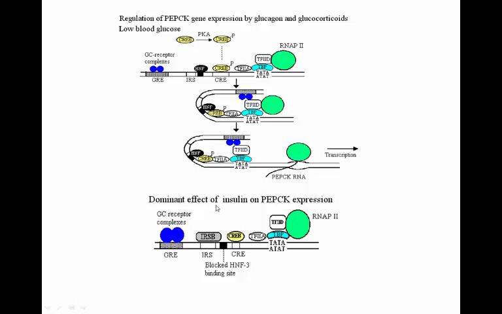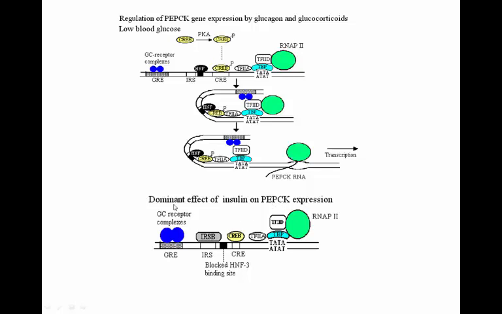And so insulin, through its tyrosine protein kinase activity, activates this protein. The protein binds to its response element, and it blocks the binding of hepatocyte nuclear factor 3. And by blocking this binding, it inhibits the formation of this activation loop, and we've inhibited the synthesis of phosphoenolpyruvate carboxykinase mRNA and the protein.